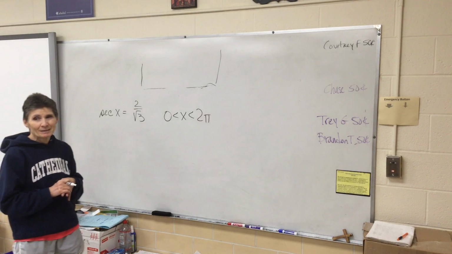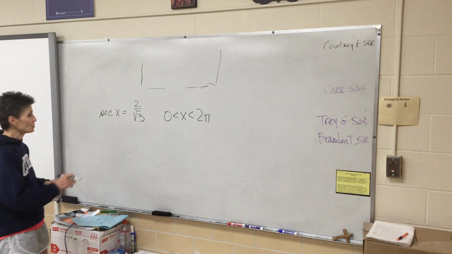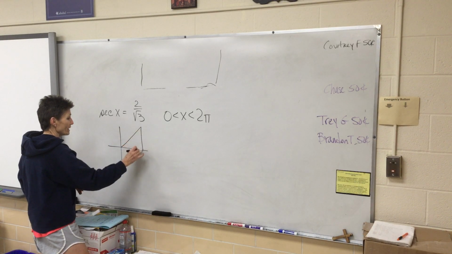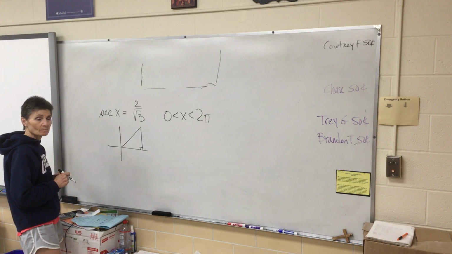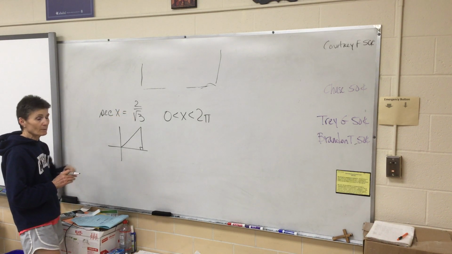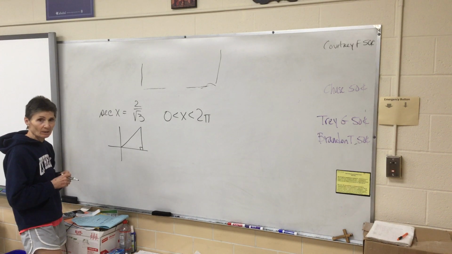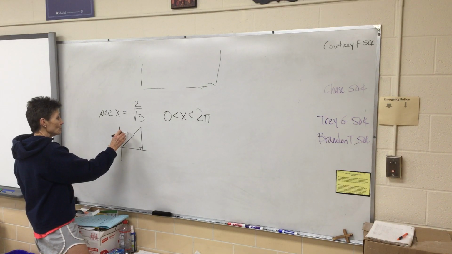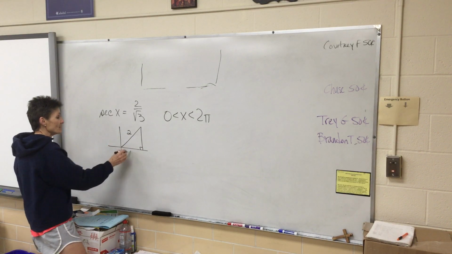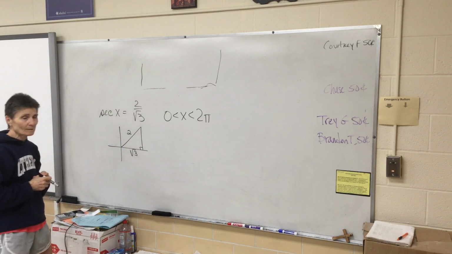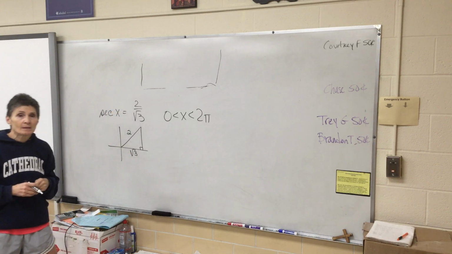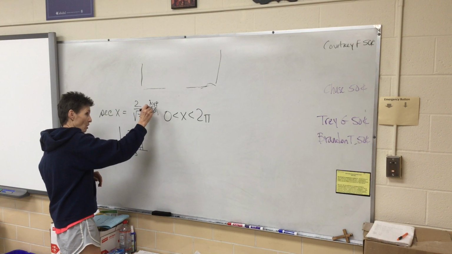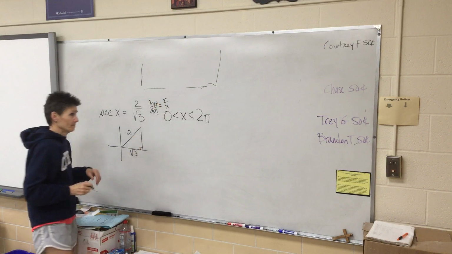Now again, I am not exactly sure how you've approached this, so here's how I approach it. I'm going to draw myself a triangle in quadrant 1. This is a positive number, so I'm just trying to figure out what angle I've got, so I'm just drawing it in quadrant 1. The hypotenuse is 2, and the adjacent side is root 3. Because by definition, secant is either hypotenuse over adjacent, or if you prefer, r over x.